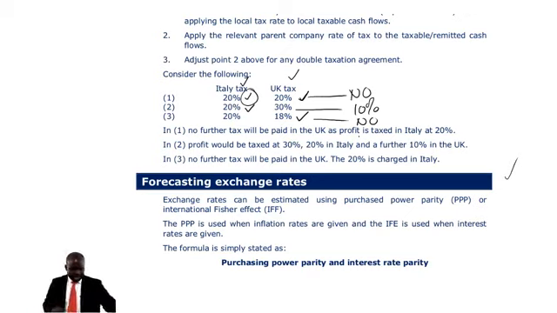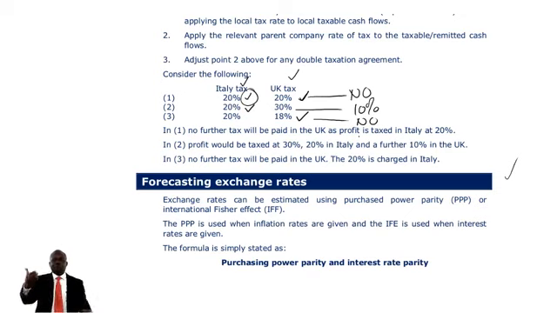Okay, and then it cancels off. So the principle is you pay the highest rate. If you have already paid the highest rate, when you come to your country, you don't pay anything. If the rate you pay there is the same as your country's, you don't pay anything. If the rate you pay there is less than your country's rate, then obviously you have to top up. And that is why there is the 10%.